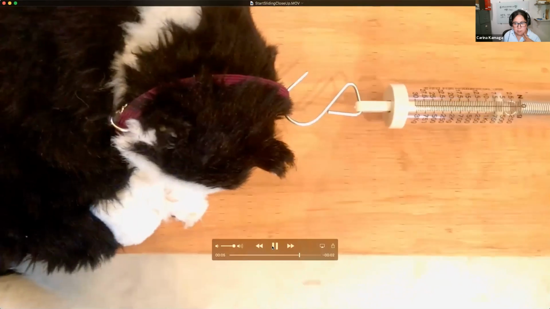See, around 5 Newton, this stuffy starts moving. This is probably still hard to see.